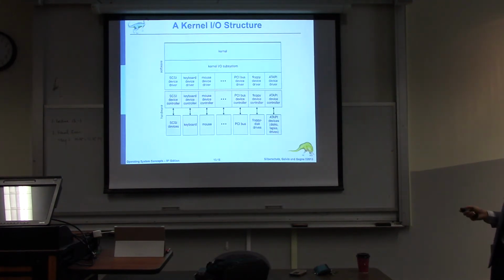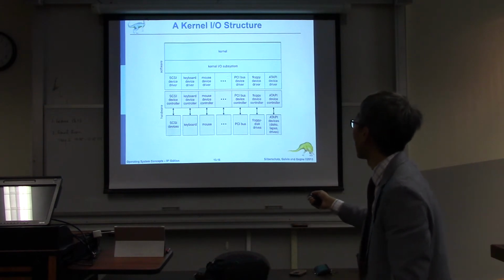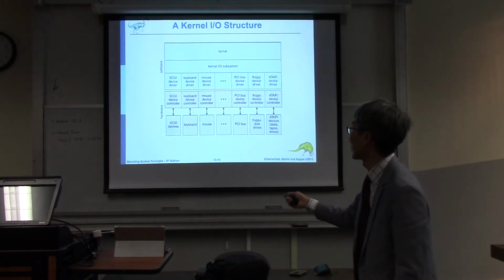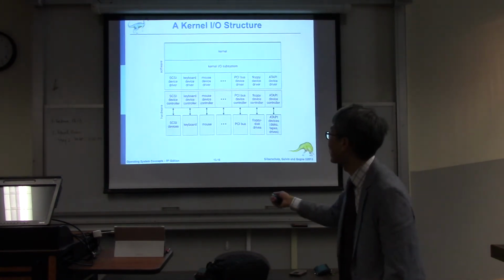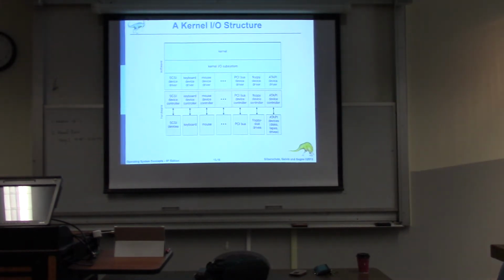And then for I/O, the operating system provides a kernel I/O subsystem on top of this. From this one is the operating system level. One component, if you are building an operating system kernel, is that you need an I/O subsystem on top of the device drivers. You don't have to worry about the hardware specification, but at least you should have the driver program, the basic default device program in your operating system.